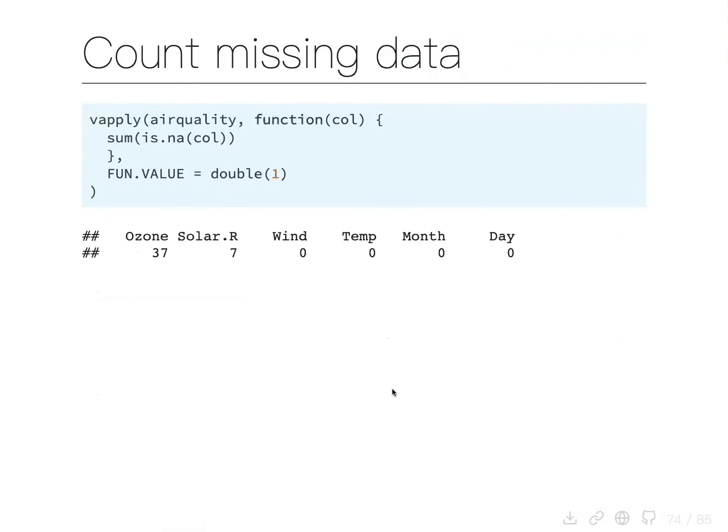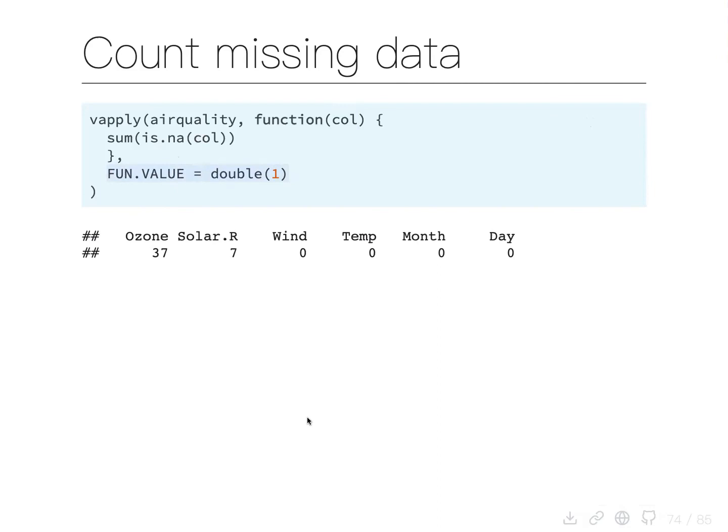Here's another example where I'm going to loop through airquality. Okay, so I'm looping through airquality, and for each column, I am going to sum the missing values. Okay, and then I'm saying what I want in return is double of 1.